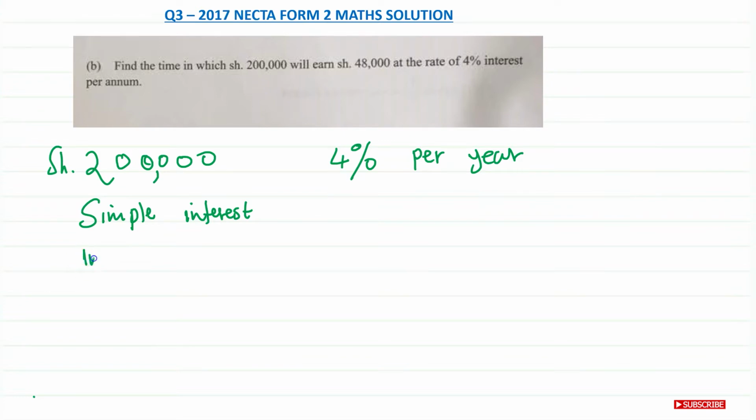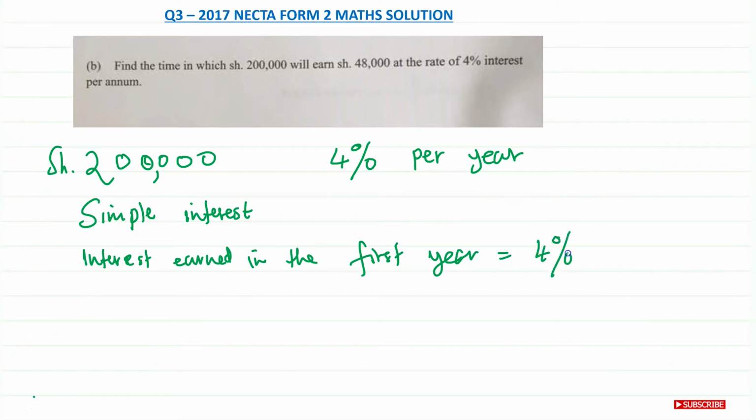Okay, so let's work out what interest we get for the first year. Interest earned in the first year is going to be equal to 4% of 200,000.